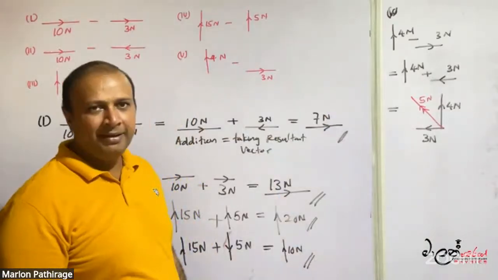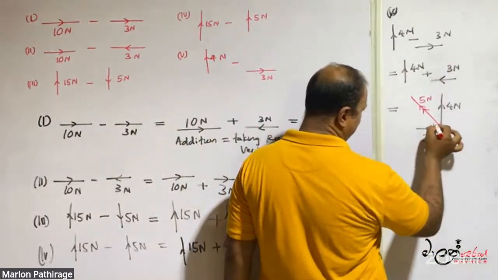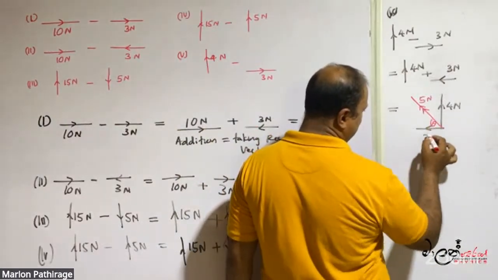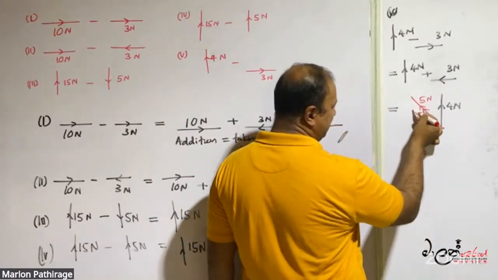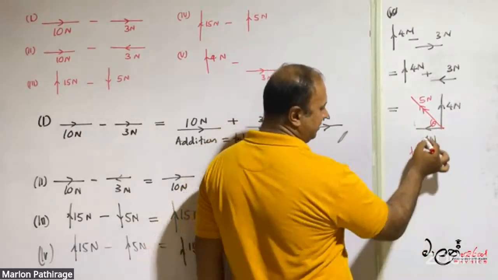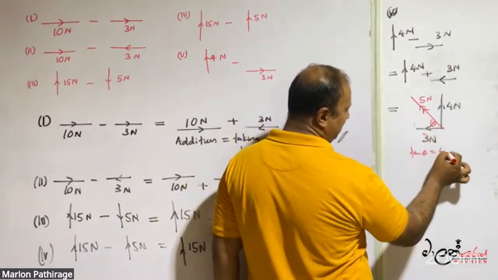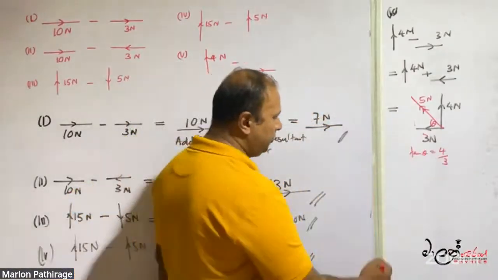Therefore, you can take the angle also. This angle, tan theta is equal to opposite side, which is 4, over adjacent side, which is 3.